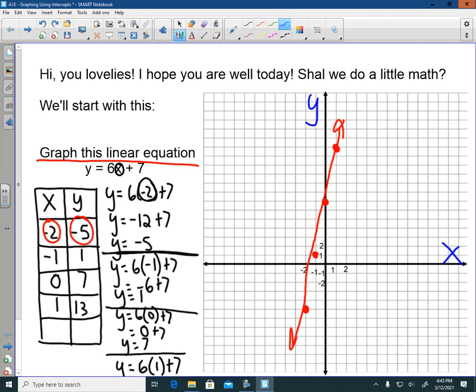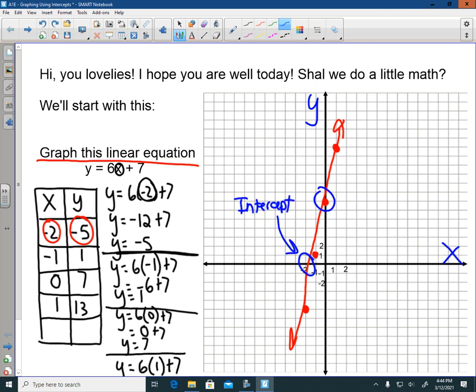Now notice at this point right here, boy, it's a terribly drawn line. I really wish I'd done better. But notice that right here, that is where that line crosses the x-axis. This is an intercept. Okay?